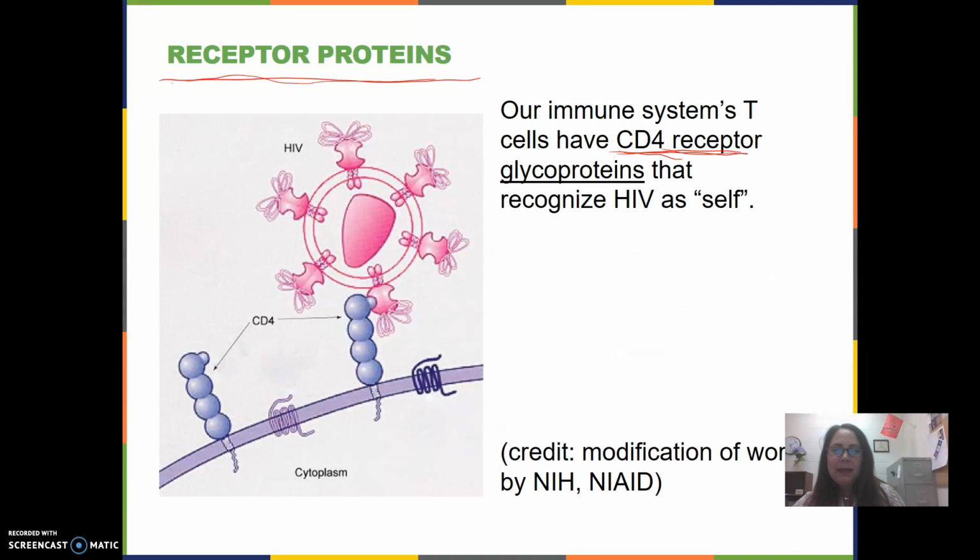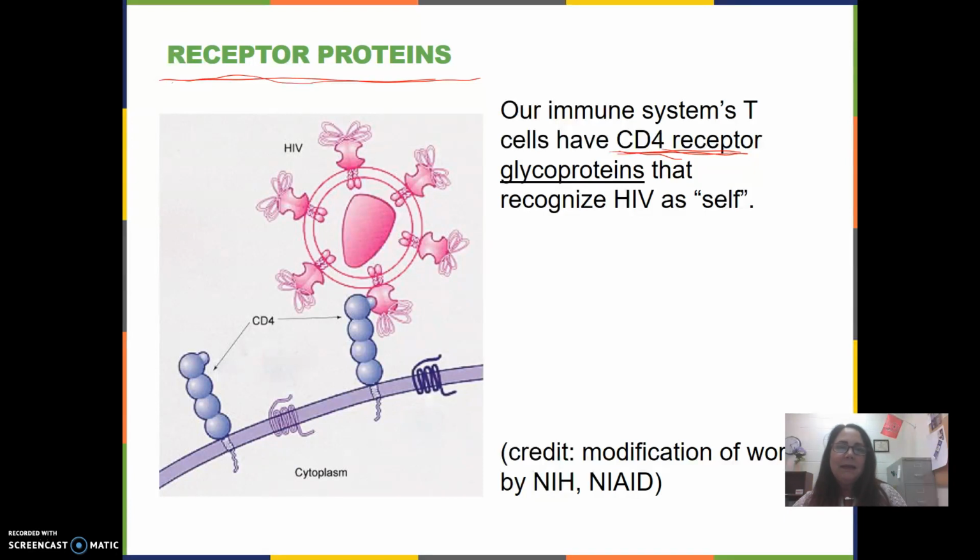But what it also does, by the way, I forgot to say this, is when that T cell binds to that virus, HIV is different because it ends up destroying the T cell. But sometimes T cells have receptor proteins for viruses that just cause it to recognize the virus.